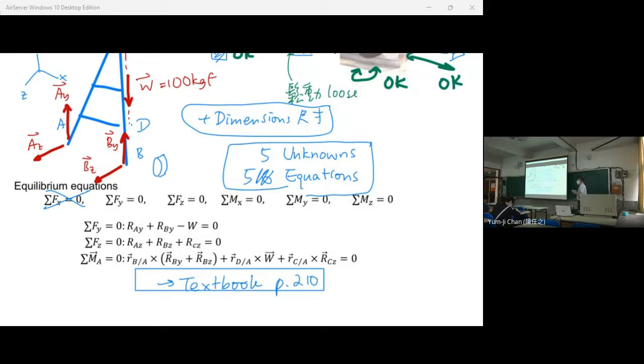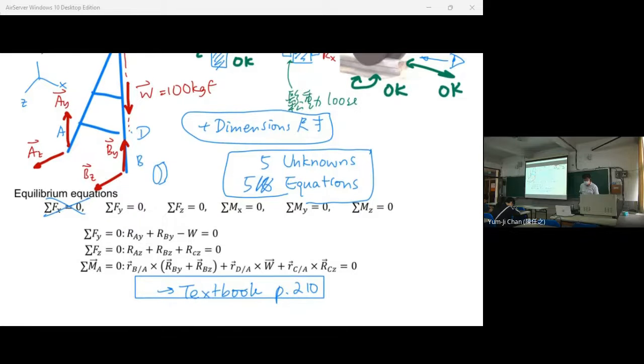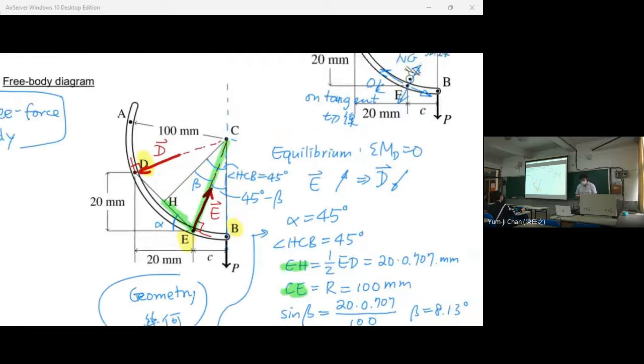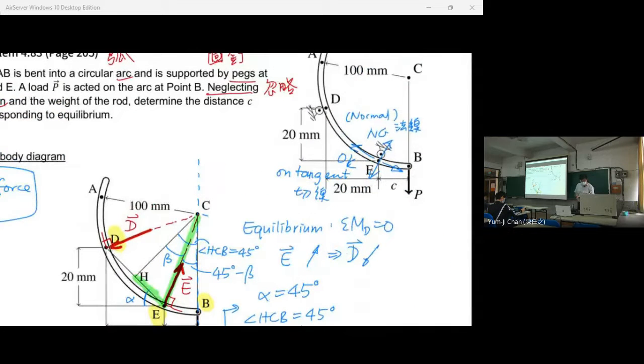Before I end today's lecture, I have some points to talk about. The first one is about the problem 4.83 we talked about in the last hour. The first thing is I drew these 2 pegs in the wrong position.